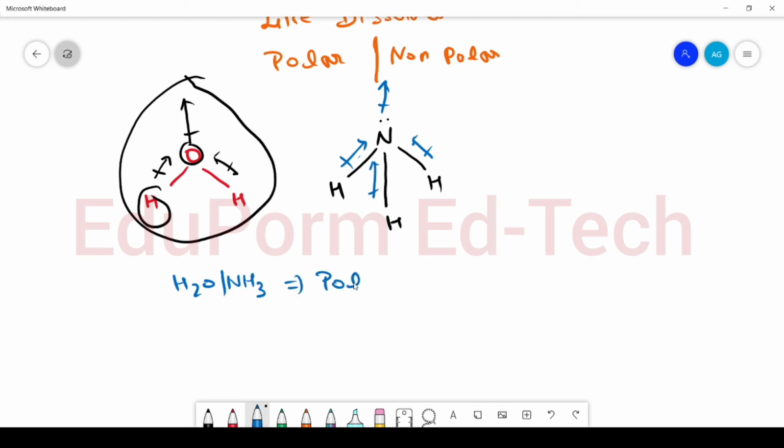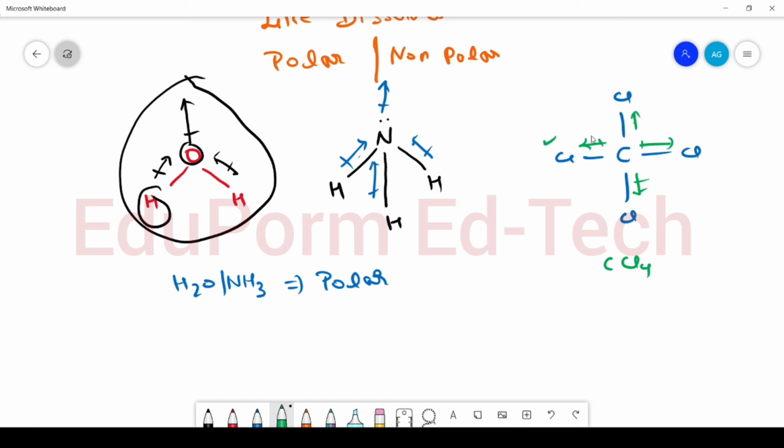But if I take the case of, let's say, CCl4, we know that chlorine is more electronegative than carbon. So these are the directions of polarity. In case of CCl4, the overall dipole moment is 0.